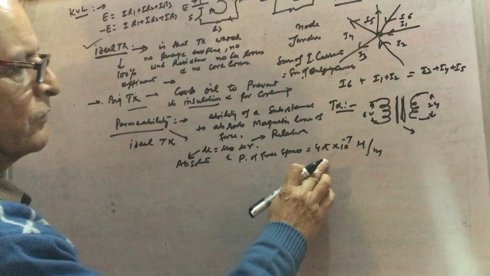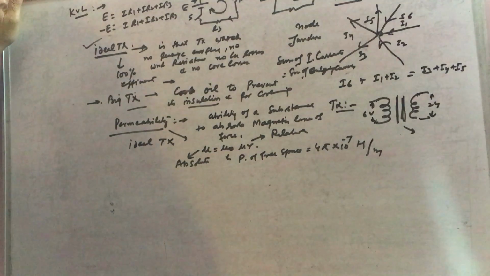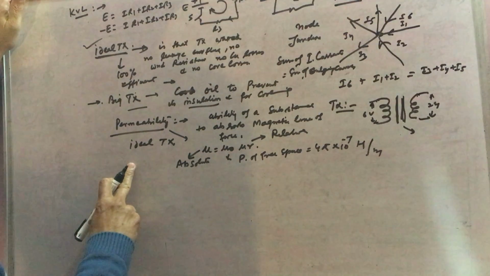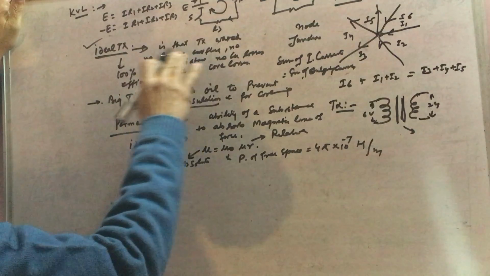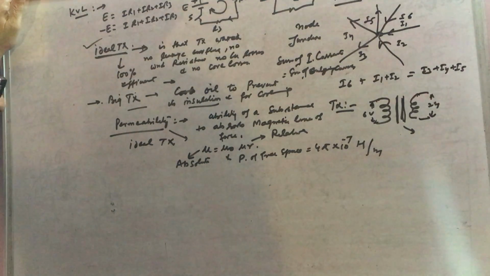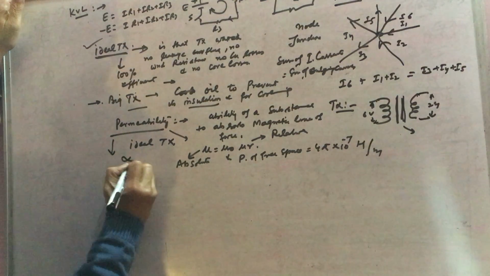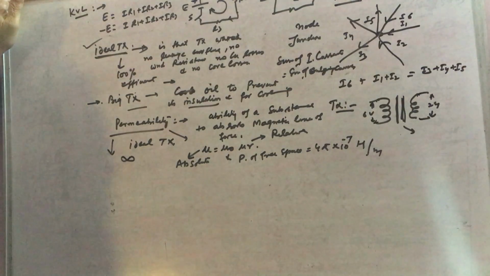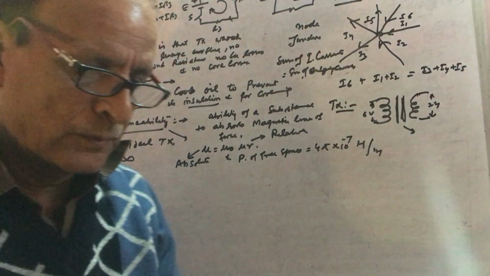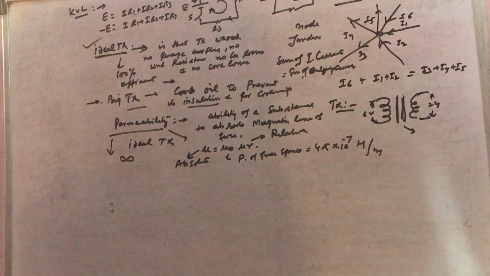You must remember it, very important. For an ideal transformer, where losses are zero, this permeability is infinite. You must remember that permeability of an ideal transformer is infinite.